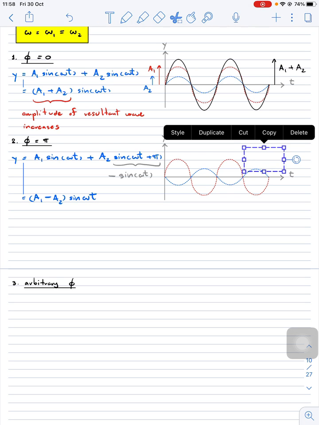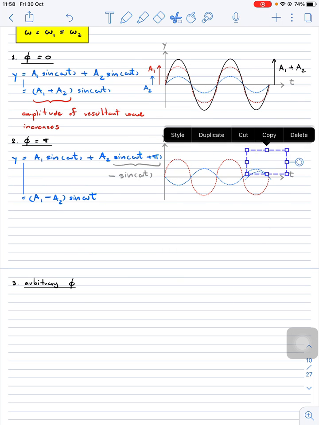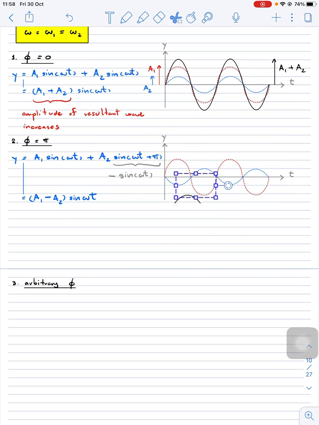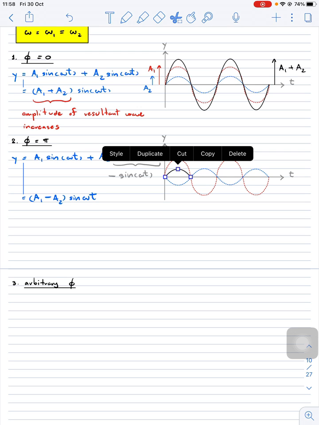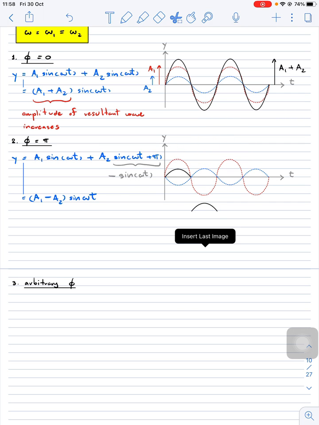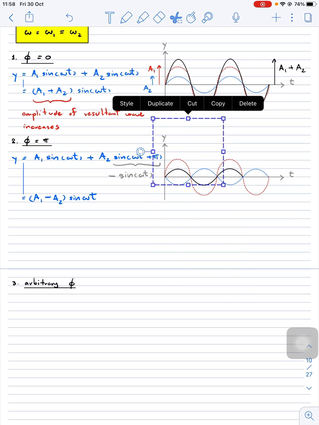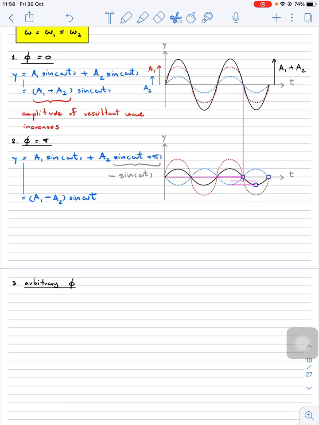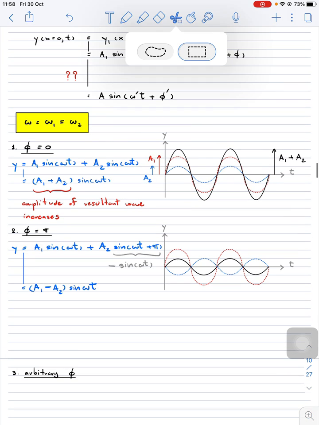So then the wave will just look like this one. Okay, so that's going to be the resultant wave.